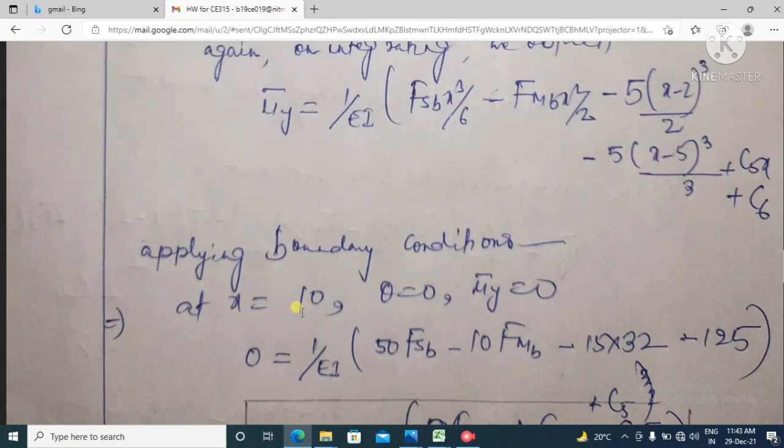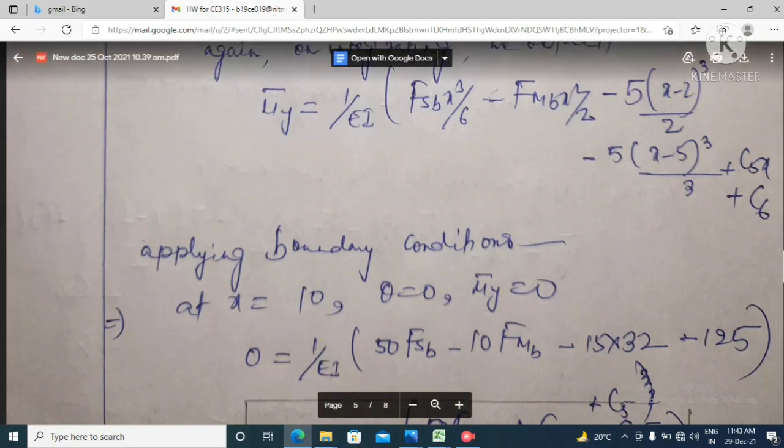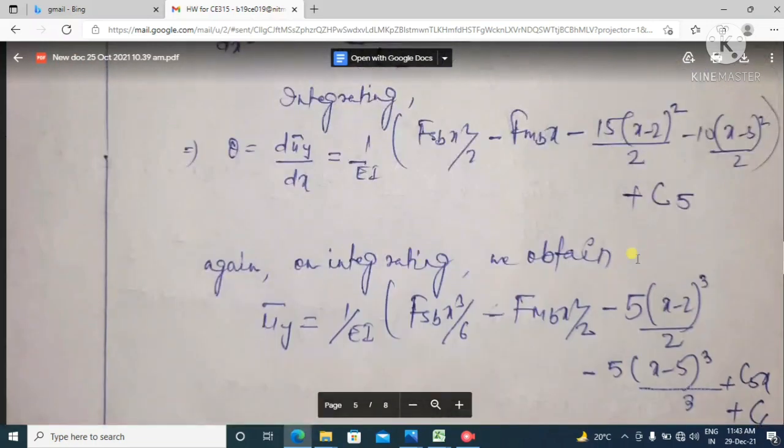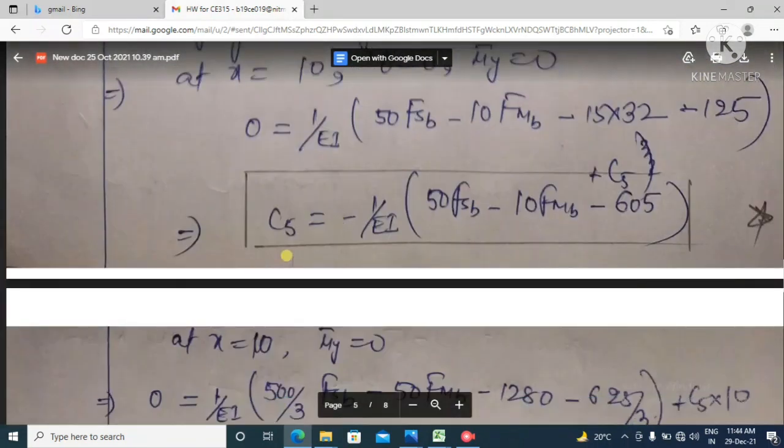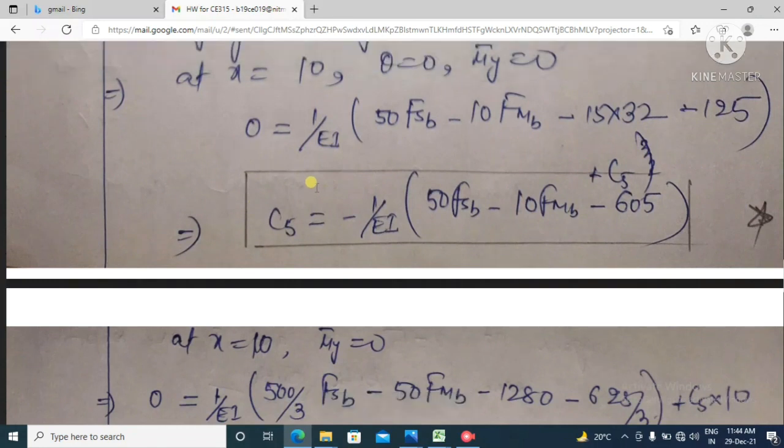Now I will be applying the boundary condition here at x = 10. Here at x = 10 also there is a fixed support, so obviously at that position also theta is 0 and y is 0. When I put x = 10, theta will be 0 in this equation, and we will have an equation in terms of C5.